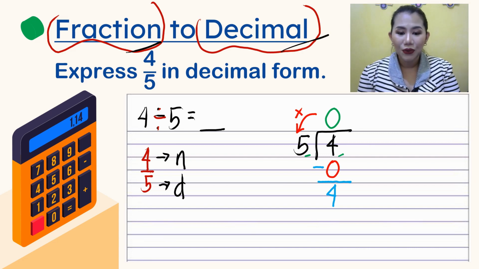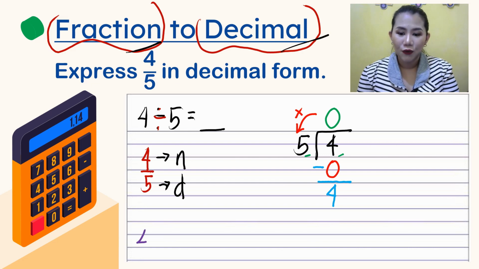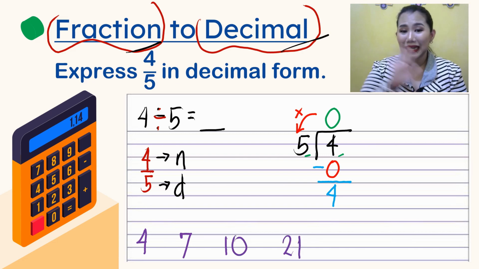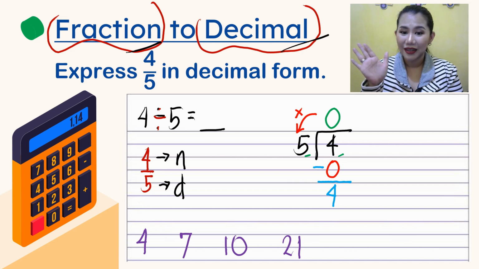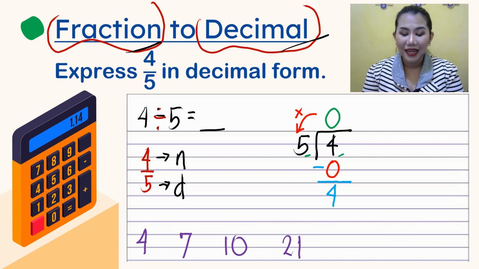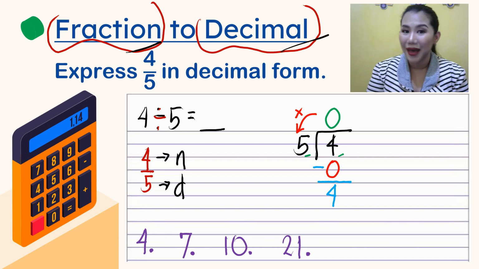We all know that all numbers, lahat ng numbers na 4, 7, 10, 21, di ba wala kayong nakikitang decimal point doon? But there is. All whole numbers have an invisible decimal point right after the last digit. Lahat ng yan meron.